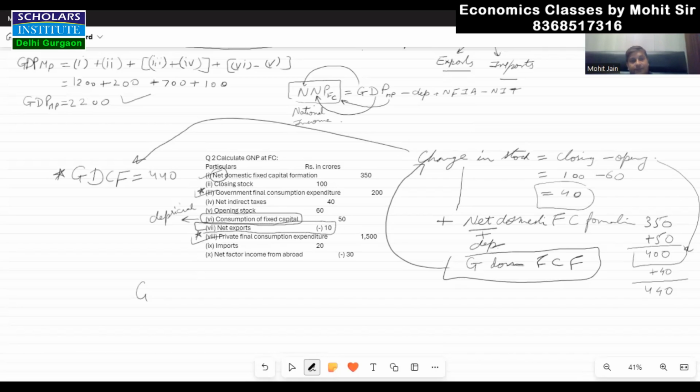So first find GDP-MP, which is private final consumption expenditure, given to us as 1500, plus government final consumption expenditure, given to us as 200, plus gross domestic capital formation, which we just calculated as 440, plus net exports, given to us as minus 10.